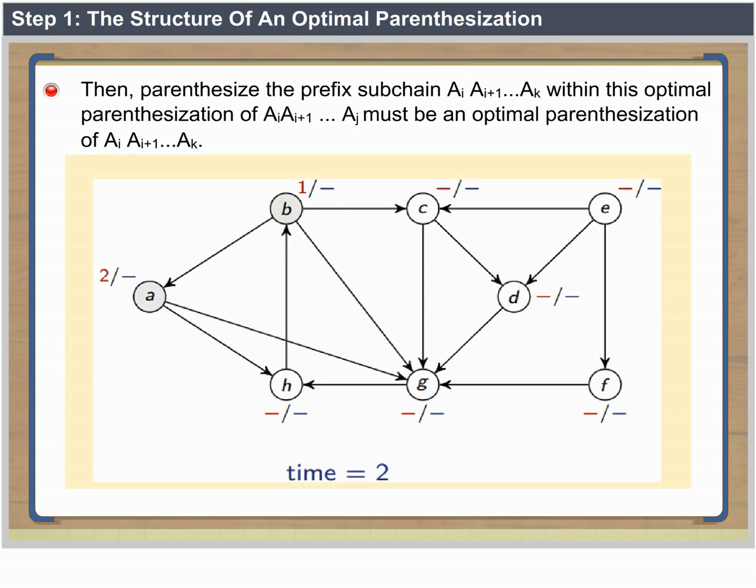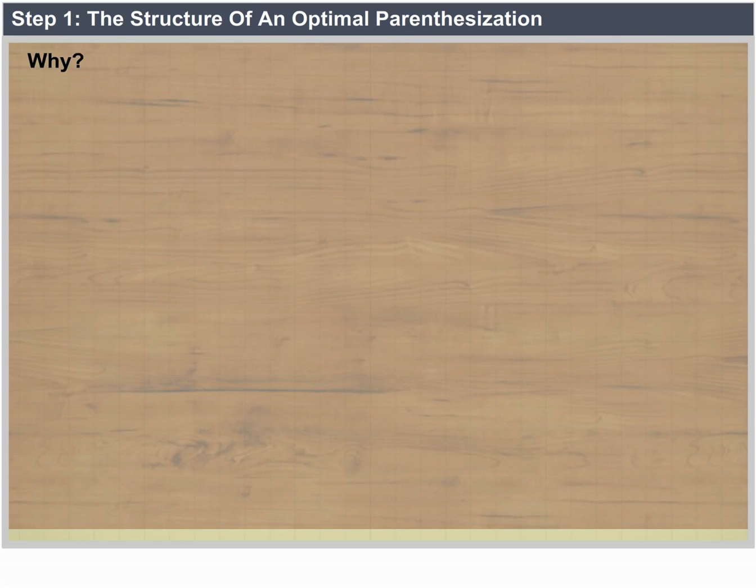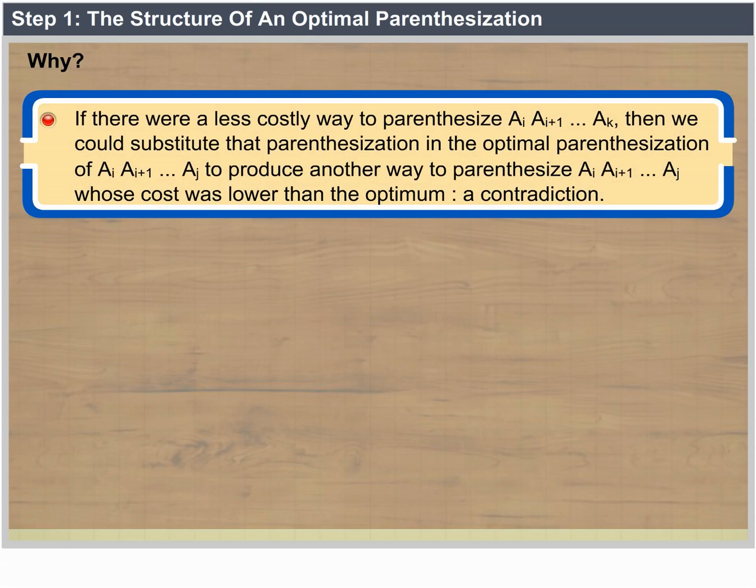Why? If there were a less costly way to parenthesize A_i up to A_k, then we would substitute that parenthesization in the optimal parenthesization of A_i up to A_j to produce another way to parenthesize A_i up to A_j whose cost was lower than the optimum, a contradiction.